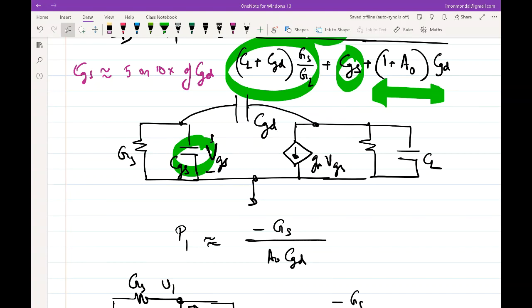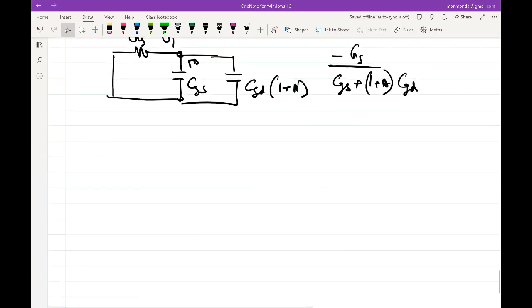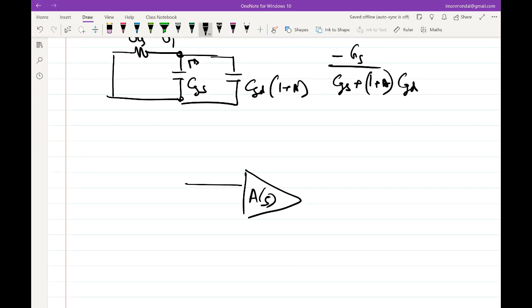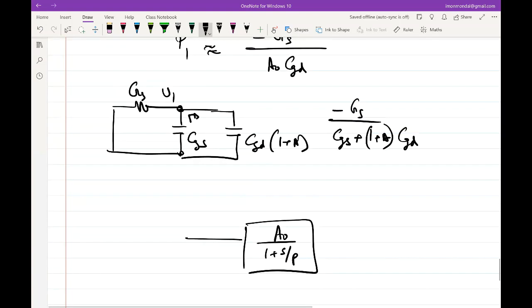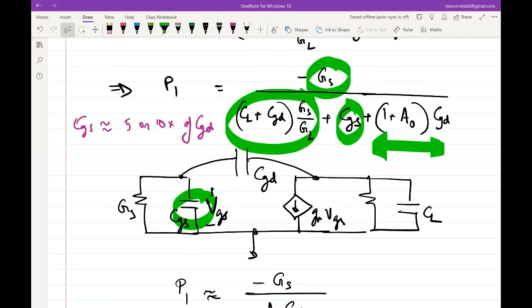So if I give you this analogy, let's say your Miller amp is A of S, where A is a low pass filter. So let's say A naught by 1 plus S by P. So that is the scenario here.